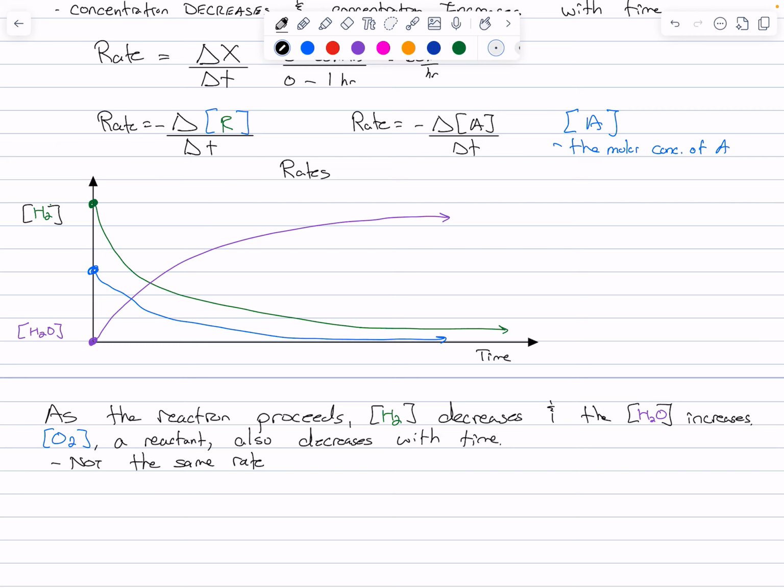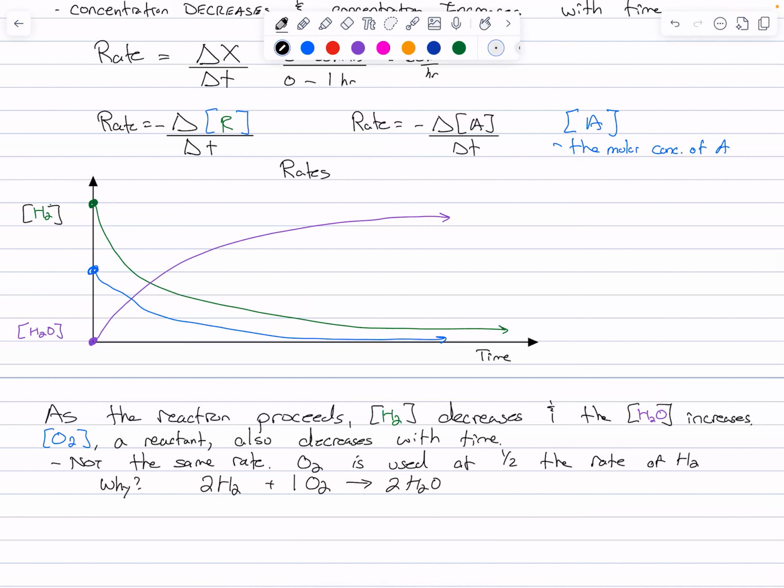My graph is not perfect. So how do you think it compares? That's a great question. O2 is used at half the rate of H2. Why? What's 2 H2 plus 1 O2 to make 2 H2O? I need twice as many hydrogens as I do oxygen. So hydrogen is going to be used twice as fast as oxygen.